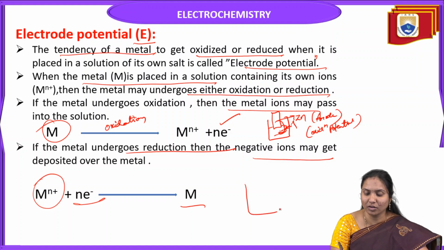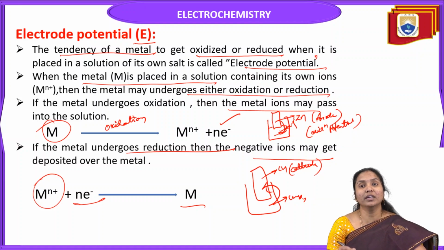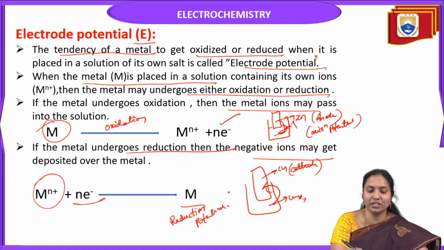For example, a copper electrode dipped in copper sulfate solution undergoes reduction, that means it acts as a cathode. Here it develops reduction potential. If the metal undergoes oxidation, it develops oxidation potential.